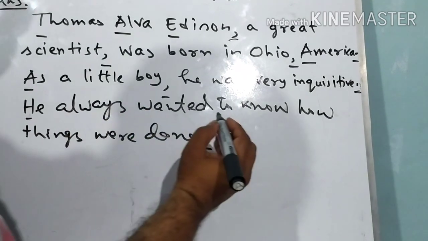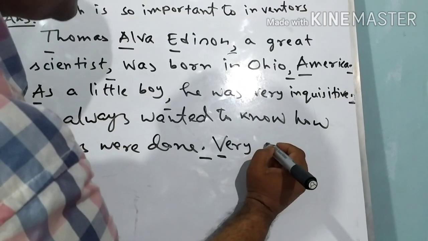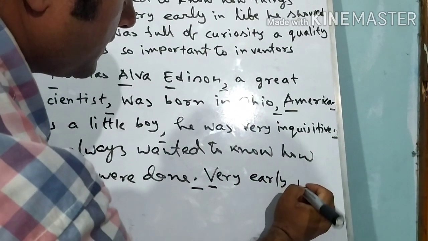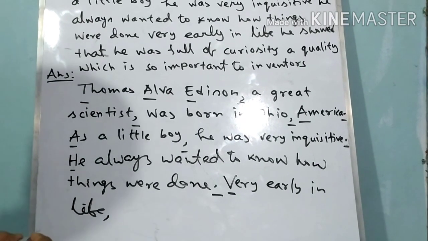Very early in life, another sentence, V will be capital. Very early in life, here will be comma.